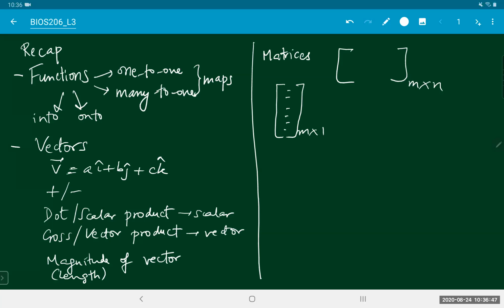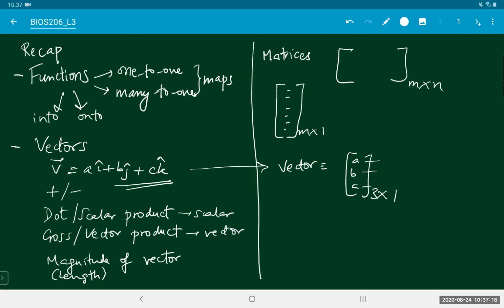And in fact, you can think of a three-dimensional vector as a 3 cross 1 matrix with elements a, b, c. Instead of writing a vector like this, you can also write a vector like this, of course, with the understanding that the first component is always going to be x, the second component is always going to be y, the third component is always going to be z.